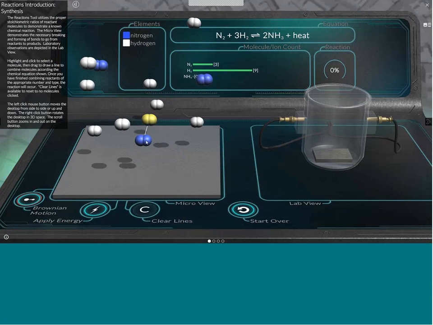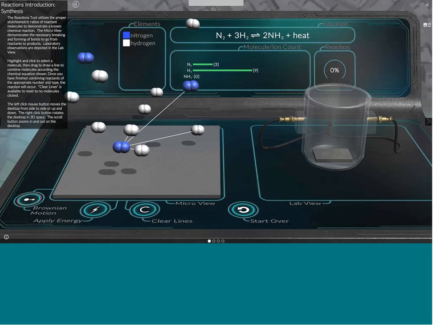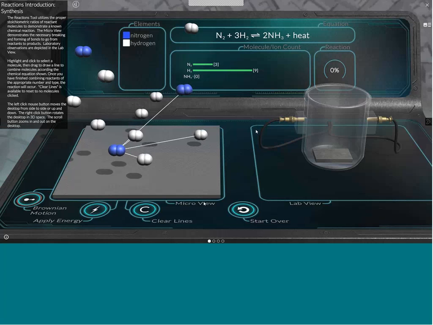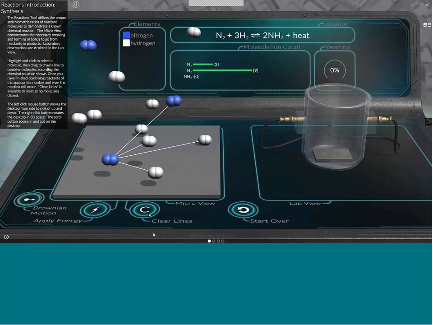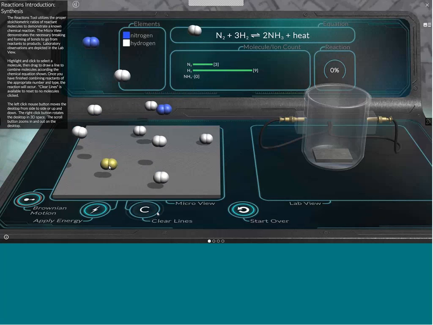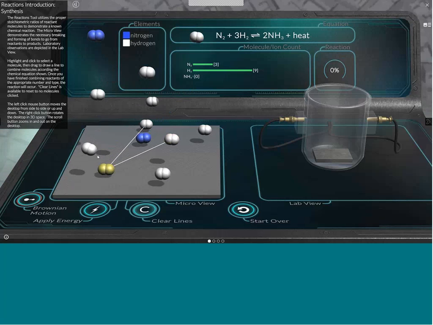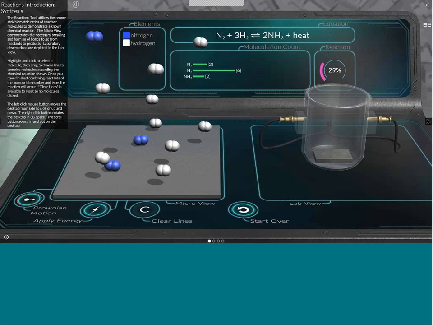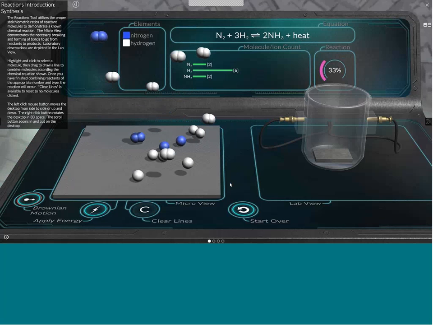A student can connect these, and let's say they connect the wrong number of molecules, and nothing happens because they didn't follow the balanced chemical equation. So they're learning how to read a balanced chemical equation prior to even having to balance a chemical equation.